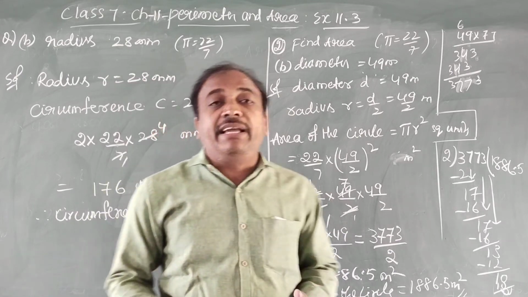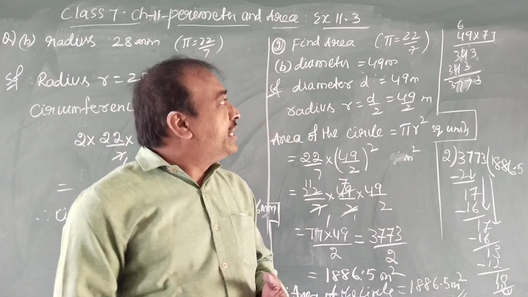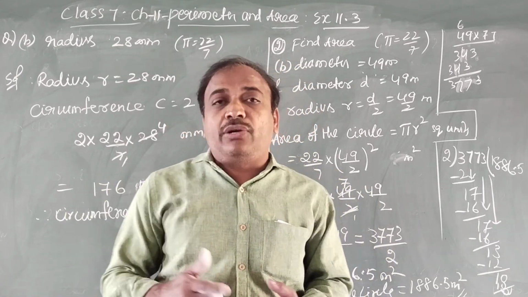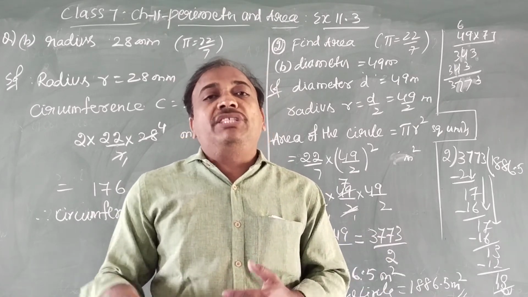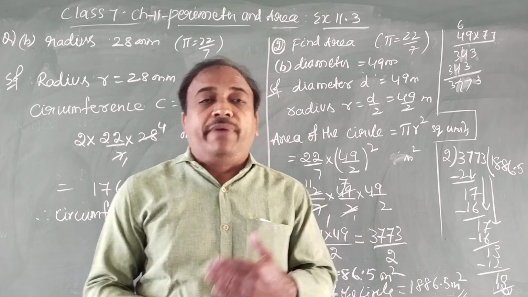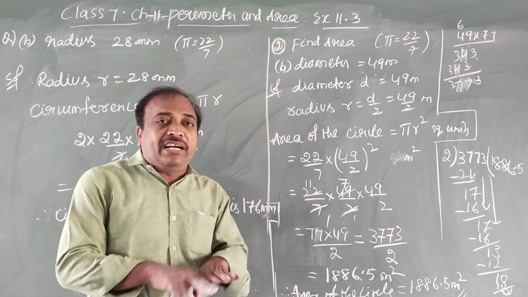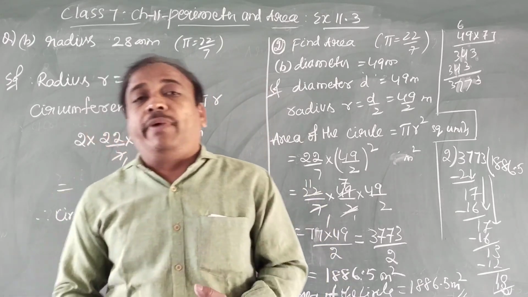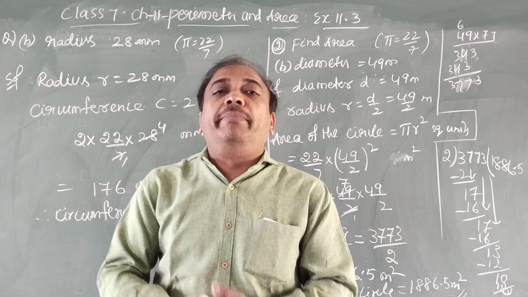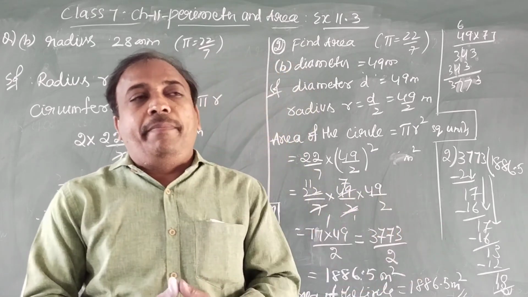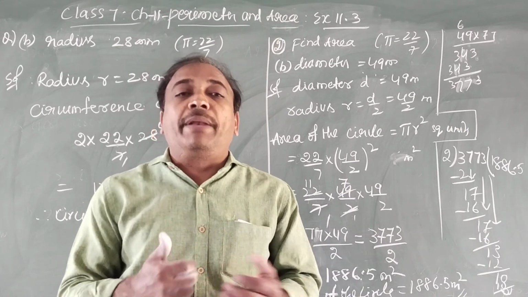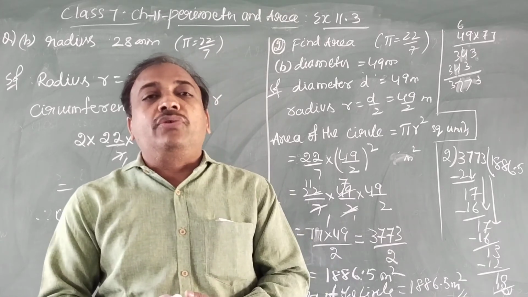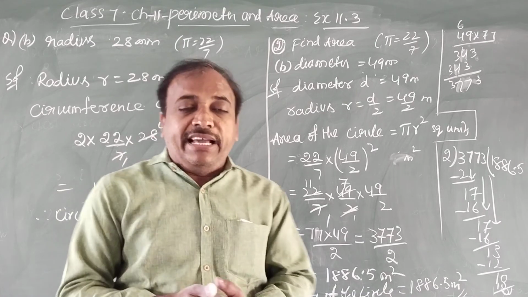Further, we will be discussing more practical questions related to our daily life, such as fencing: if a garden is in a circular shape, how much wire is required for fencing, and to make the garden neat, what is the cost to find the area per meter square, where charges are given, and what is the total cost. These are real life situations; practical and application questions are there in this exercise.